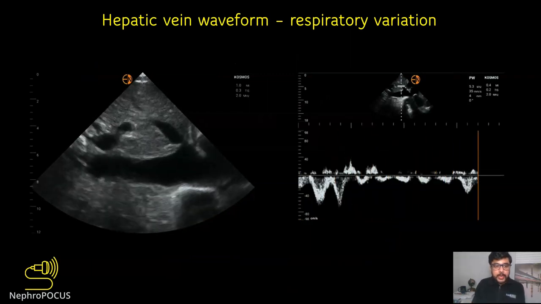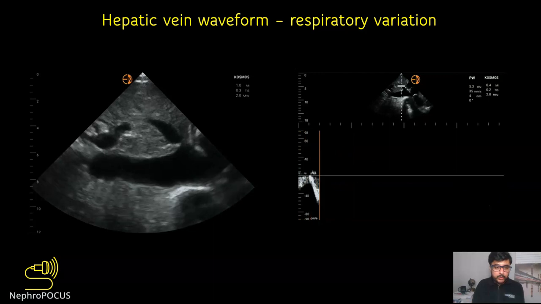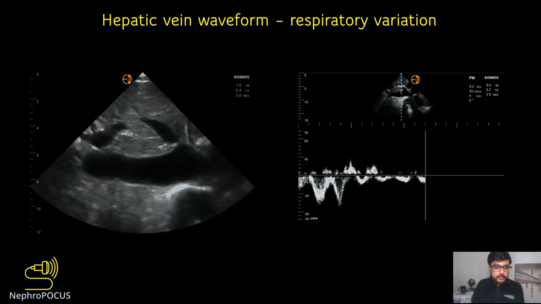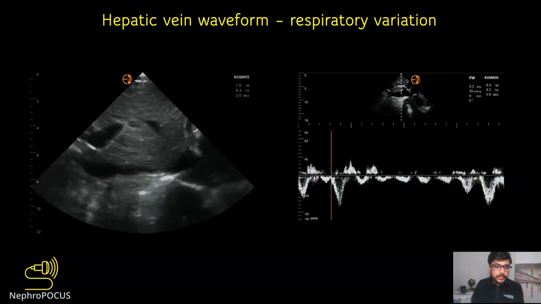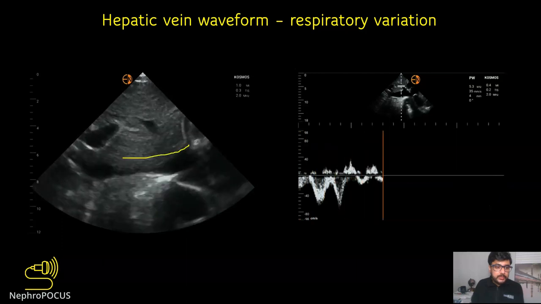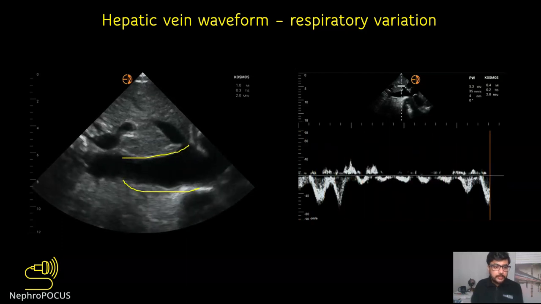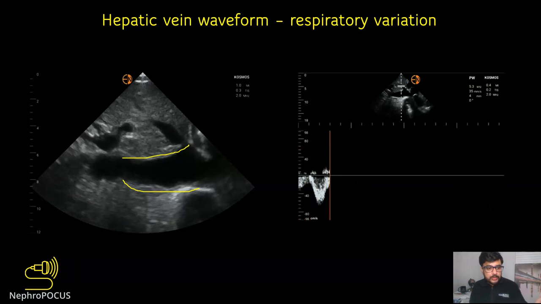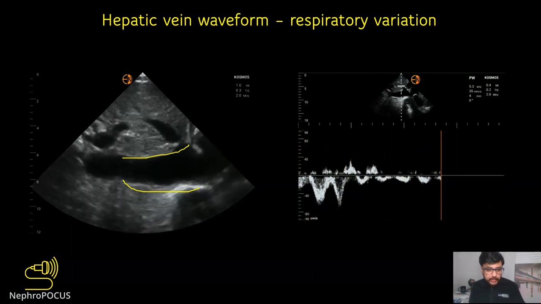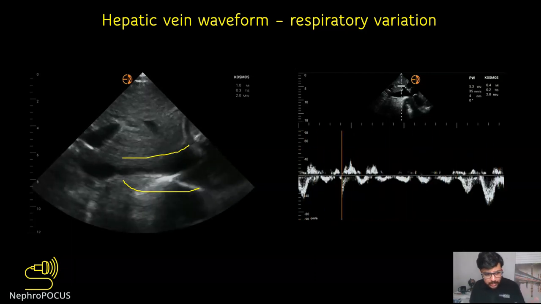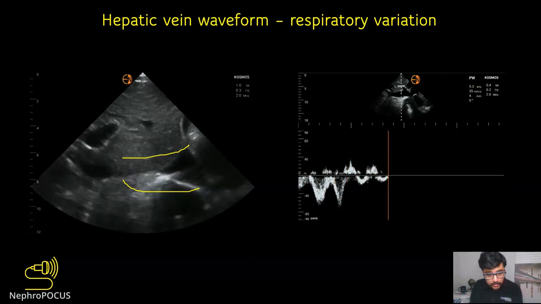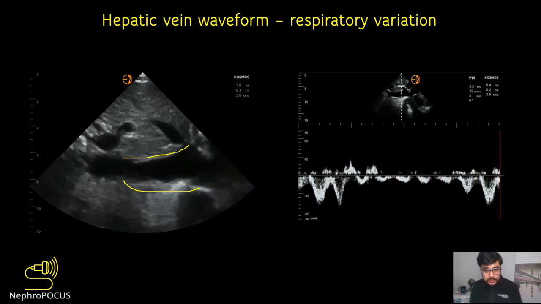Another thing to note is that the hepatic vein waveform exhibits respiratory variation. Here is a very nice example in this patient with intermediately elevated right atrial pressure, meaning the IVC is big, the maximal diameter is big, but it's collapsing almost 100%. So you call it intermediately elevated right atrial pressure. But that's not the point. You can see how much respiratory strength this patient has.